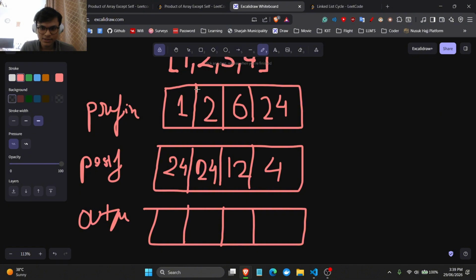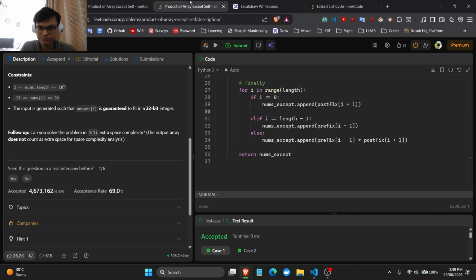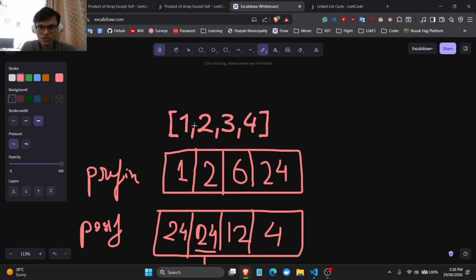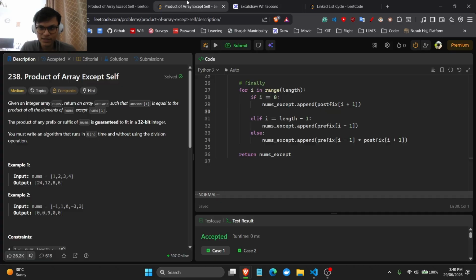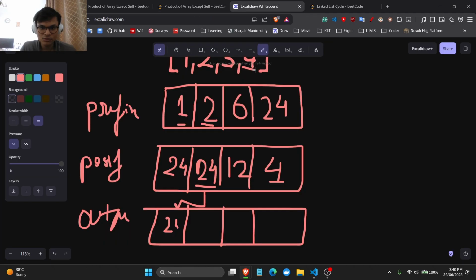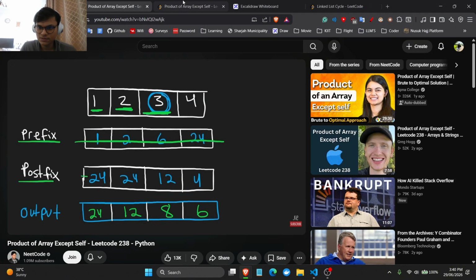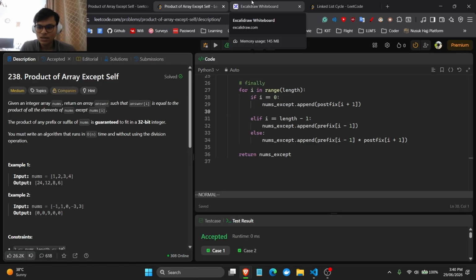And one का calculate करना है. So one का हम लोग postfix calculate करेंगे, तो 24 आएगा. 2 का करेंगे तो 2 का 1 इंटू 12 आएगा. 3 का करेंगे 3 का 2 इंटू 4, 8 आएगा. And 4 का करेंगे तो हम लोग को 6. 4 का मतलब अलावा 6, right. Okay.